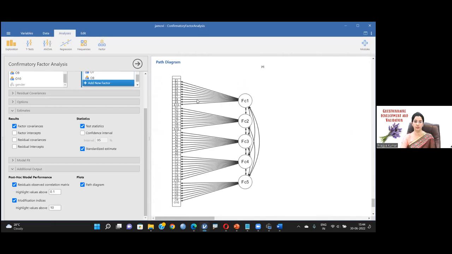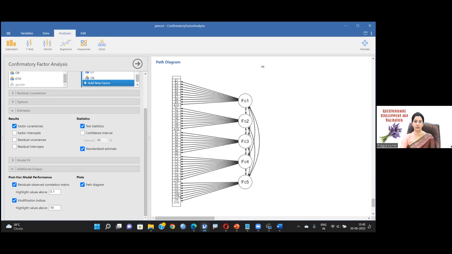The path diagram gives you what we have understood. Whatever is shown by the circle is the latent variable. So this is the construct, or factor 1, 2, 3, 4 and 5. And these double arrows show the relationship between these factors. You can see there's a double arrow between factor 1 and factor 5. Similarly, there is a double arrow between factor 4 and 5.